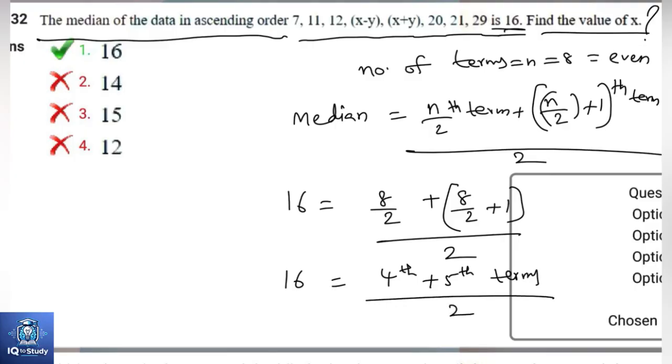Here 4th and 5th terms are x minus y and x plus y, divided by 2. Here y gets cancelled and it becomes x is equal to 16.